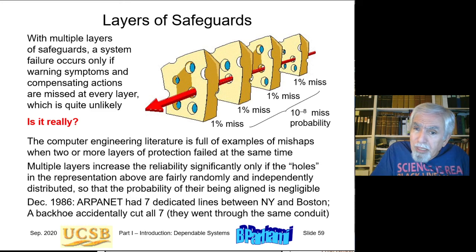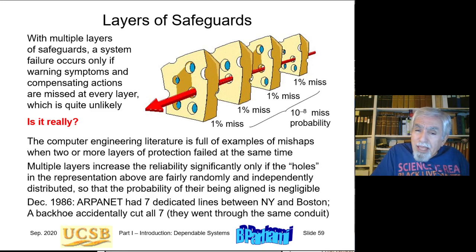If you put 4 layers of this fabric, then it's unlikely that all these holes will be lined up as shown in this diagram, and a bullet comes and goes through all of those lined up holes and gets to the other side, killing the person.